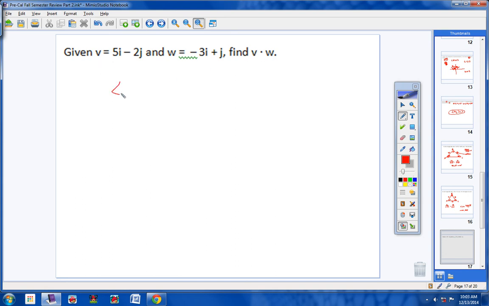Well, vector v is really 5 comma negative 2. Vector w is really negative 3 comma 1. How do you find the dot product? We multiply first number times first number. Multiply second number times second number. And you add them together. Very simple. I don't know how to make that any easier. Okay? Alright, moving on.